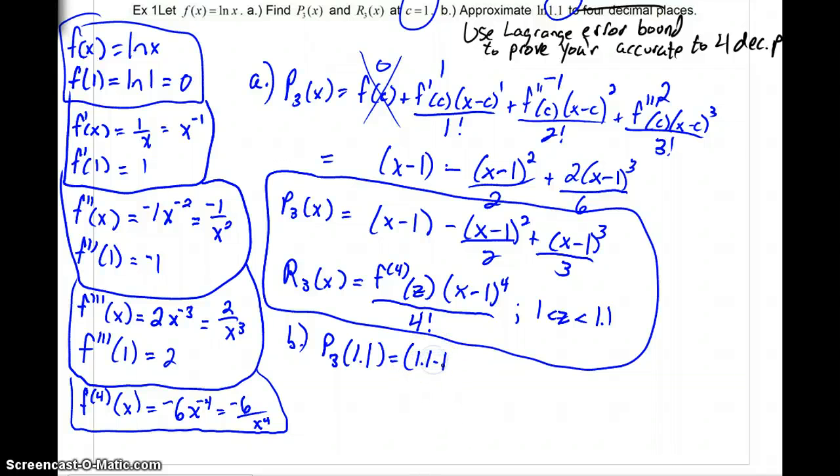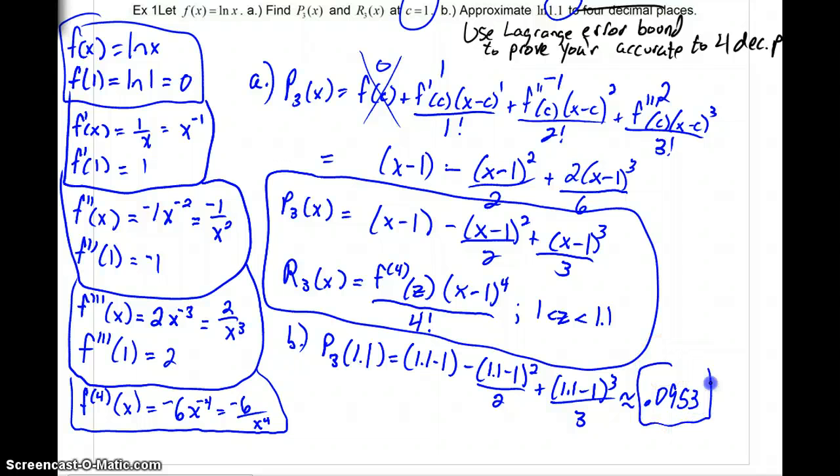Well, we could very quickly work this out specifically on the calculator. I think that might be the easiest thing to do. And this should just be a minor calculation. We can see that we're going to be accurate to about 0.0953. So that's really what we're seeing for an estimate of the natural log of 1.1.